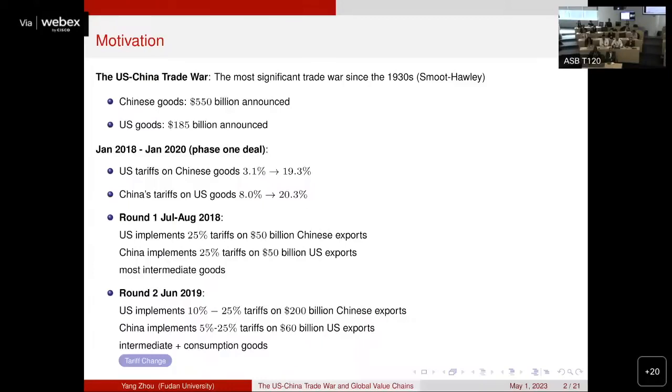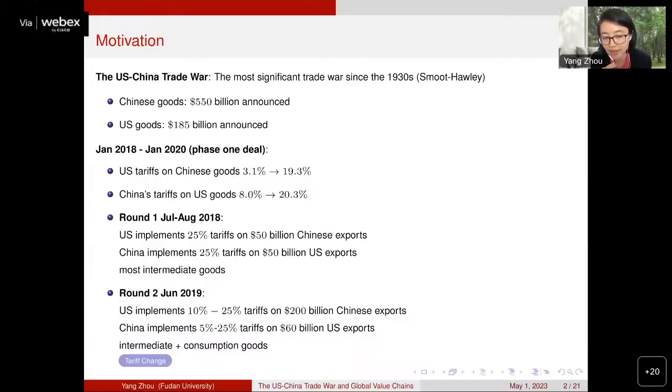The trade war can basically be divided into 2 rounds. The first round starts in July to August 2018. In this round, the U.S. implements an additional 25% tariff on $50 billion of Chinese exports.